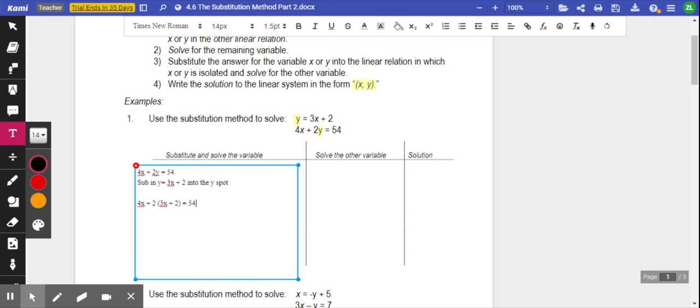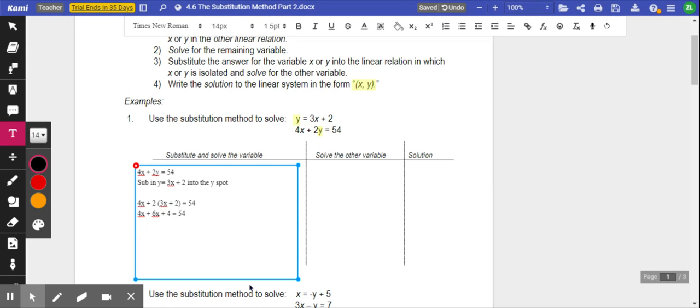Okay. So now we've got 4x, and if we have a bracket in this case, we've got to multiply it all the way through. So it would be 2 times 3x, which is 6x, and then 2 times 2 being 4 equals 54.